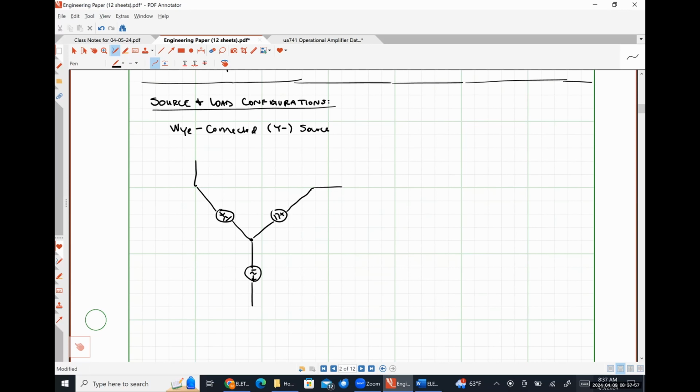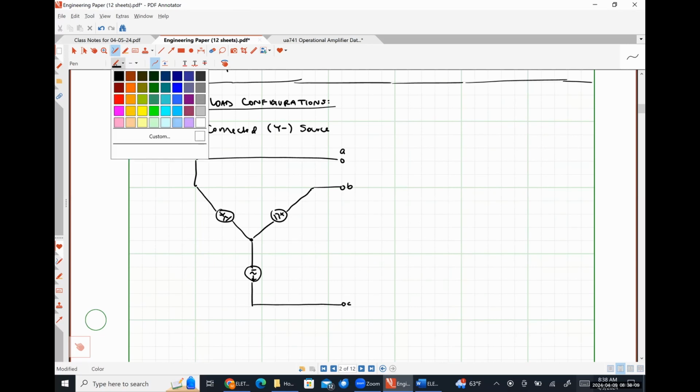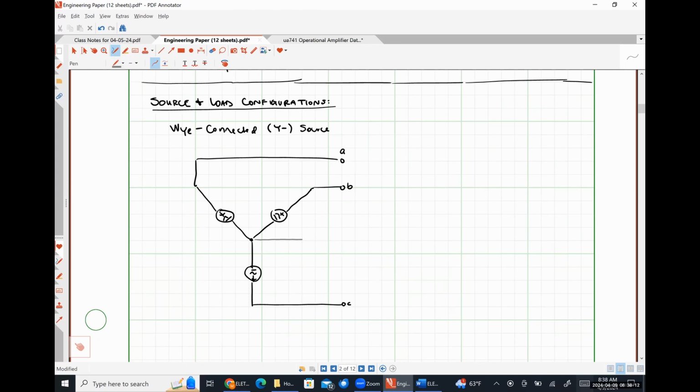And this is going to be my A phase terminal. Here's my B phase terminal. Here's my C phase terminal. And then in gray, I'm going to put my neutral terminal. I put it in gray because it's technically optional. We won't always have access to that neutral terminal. We will always have access to the A, B, and C terminals.